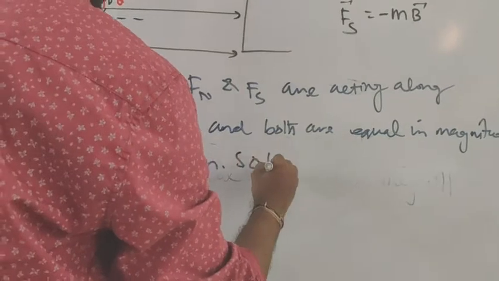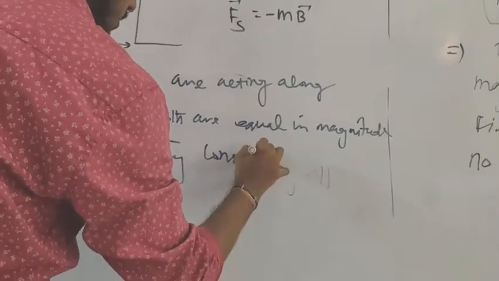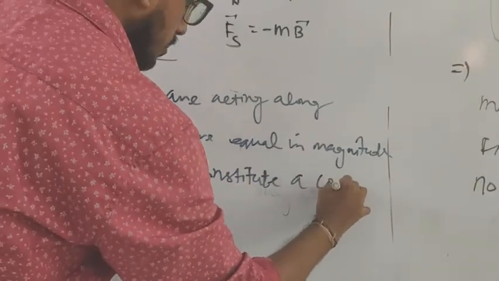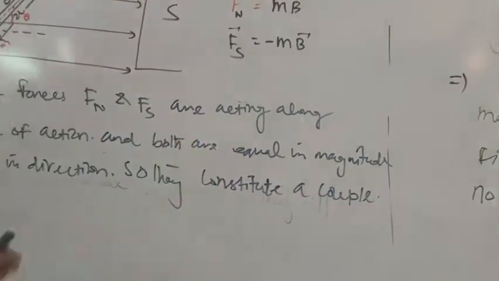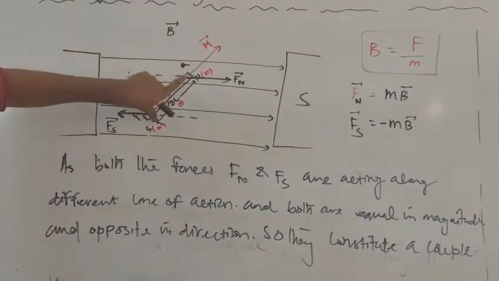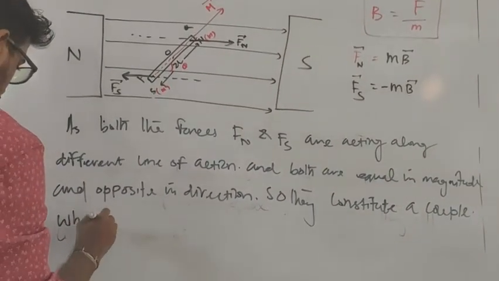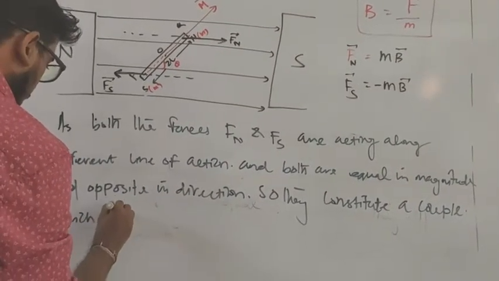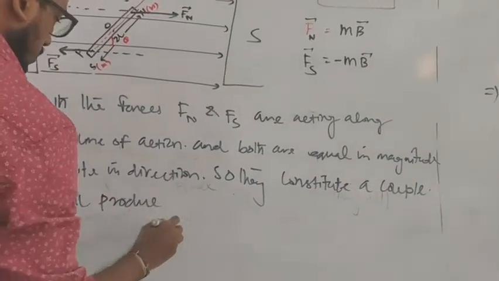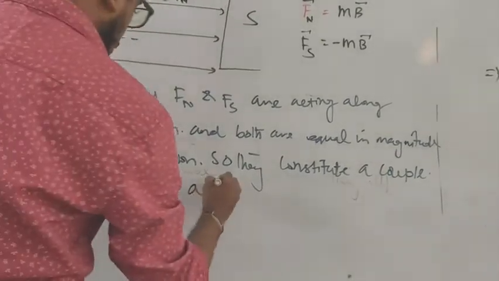So they constitute a couple. As these two forces are equal in magnitude and opposite in direction, they constitute a couple which will produce a torque.